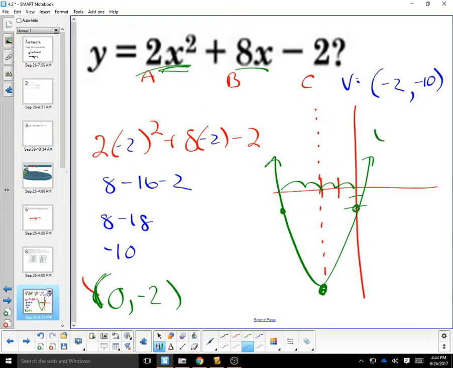The formula for the axis of symmetry is x equals negative b over 2a. Negative b over 2a.